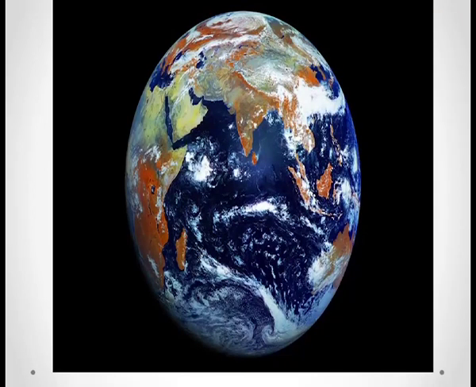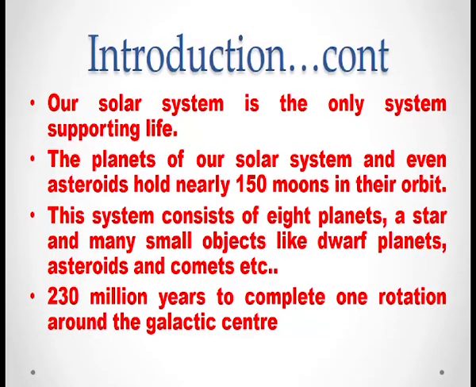This is the picture of Earth taken by NASA scientists. Now, our solar system is the only system supporting life. The planets of our solar system and other asteroids hold nearly 150 moons in their orbit. In our galaxy, more than 150 moons are there.